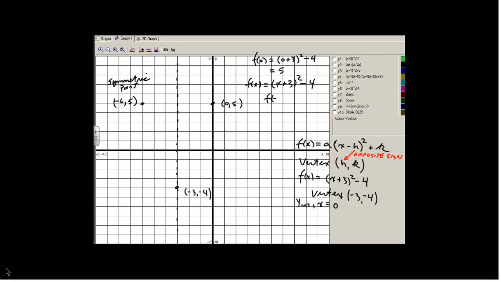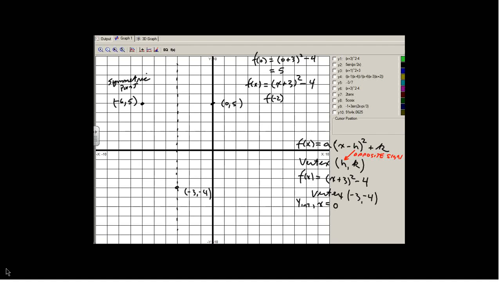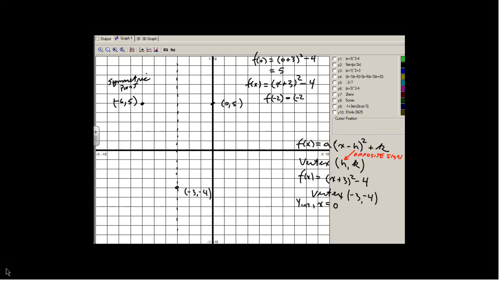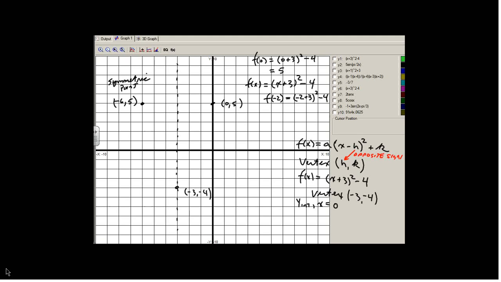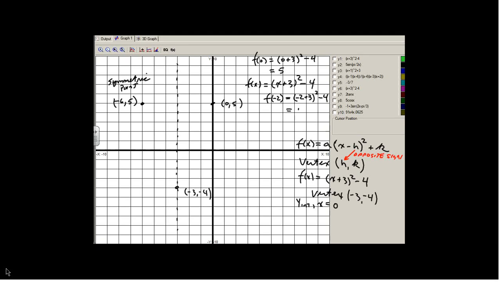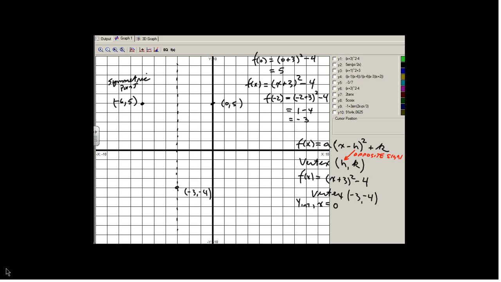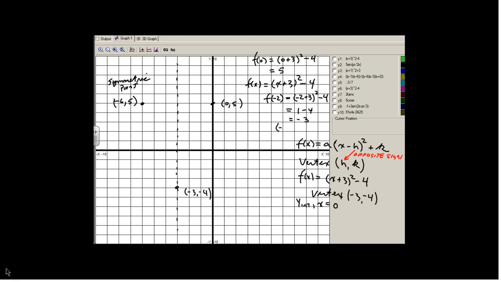Let's use the value of x at -2 and find that point. So we have 1 minus 4, which equals -3. So we have a point at (-2, -3) on the graph.